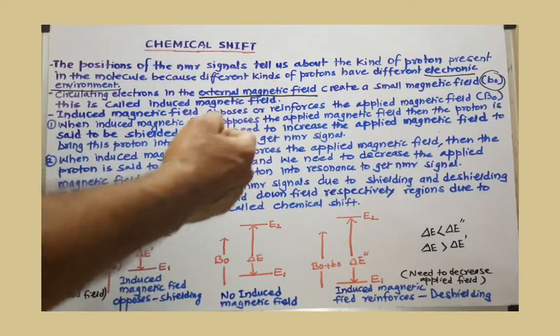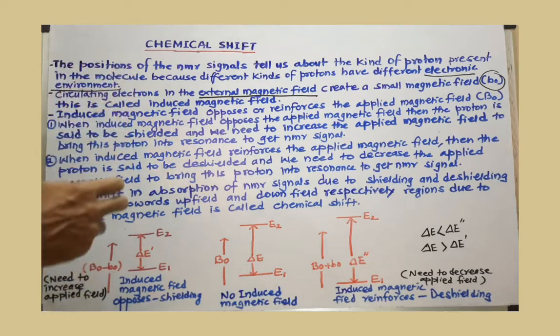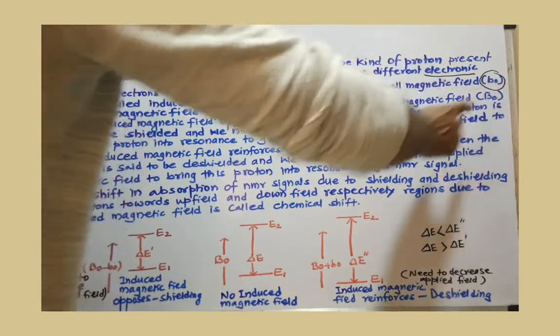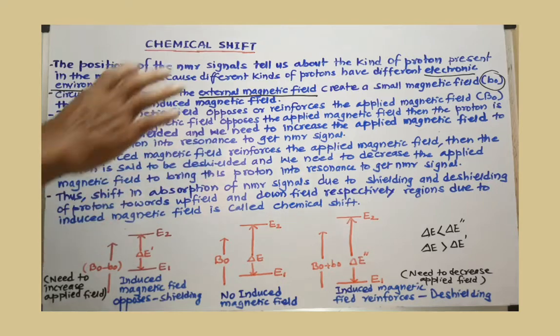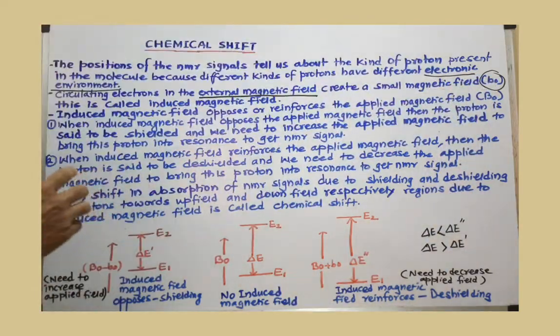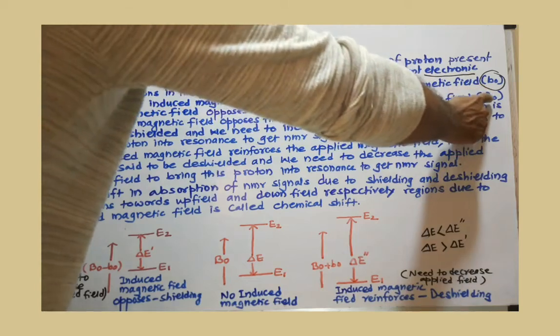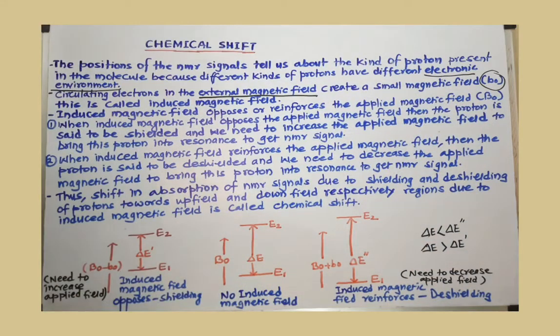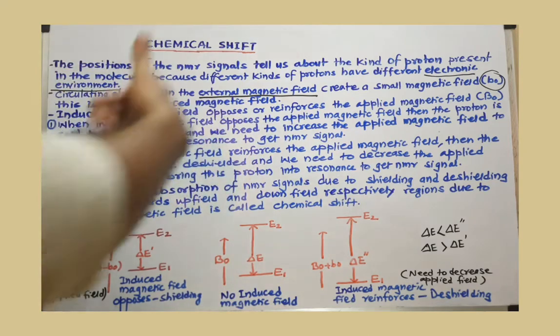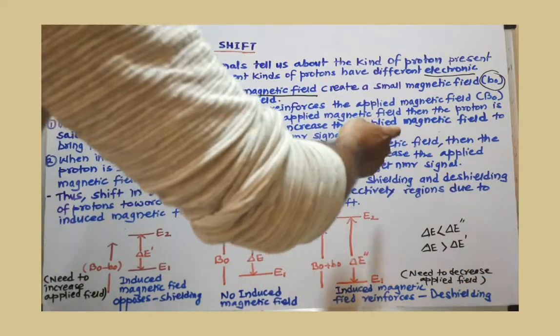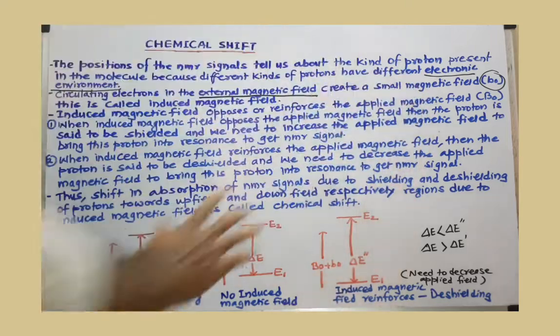This small induced magnetic field, due to the circulating electrons, can either oppose the applied magnetic field, or it can add to or reinforce the applied magnetic field.